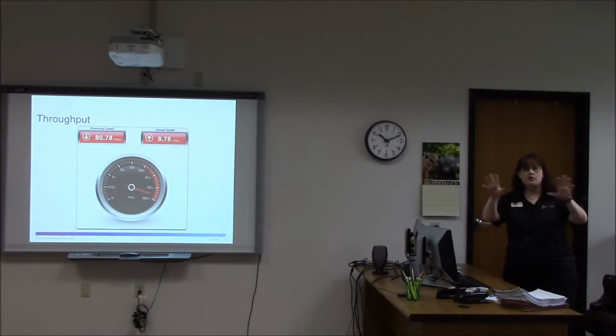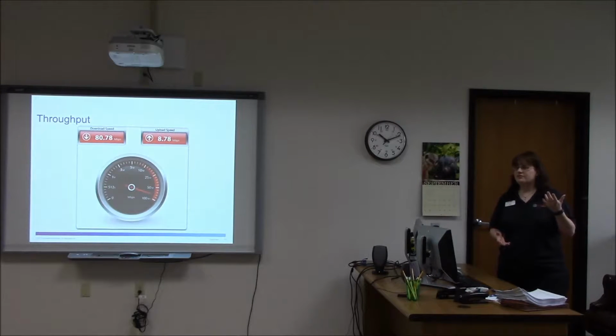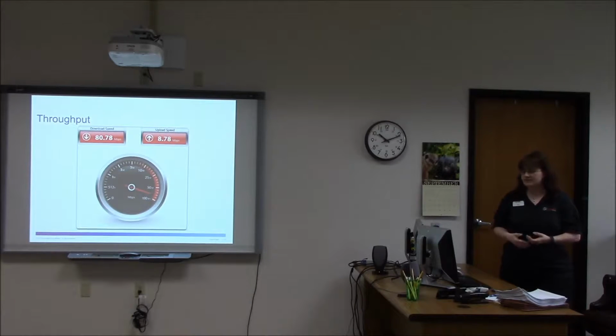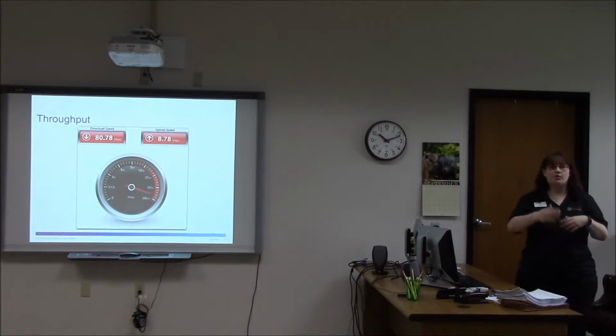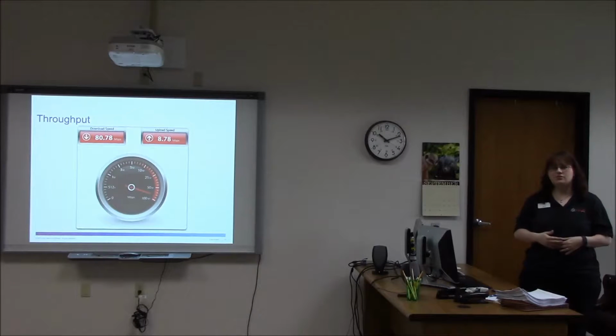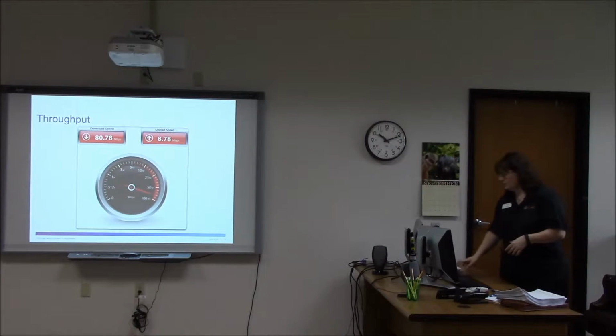So you see the throughput in the neighborhood decrease because everybody's using the bandwidth. Something like 25 or 30% of all internet traffic is Netflix in the United States. It's pretty amazing. Latency is created by the number of network devices encountered between the source and destination. So the more points that your data has to move, the more latency you might have.